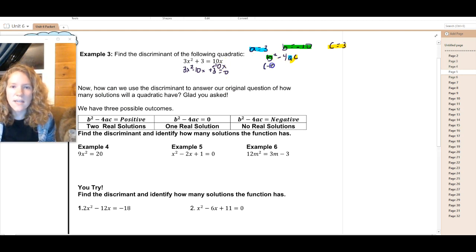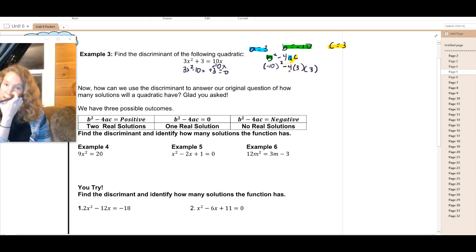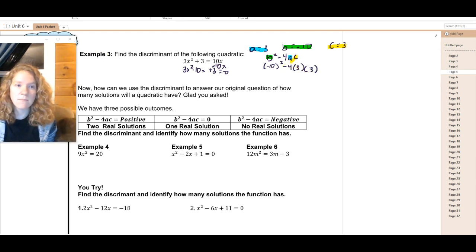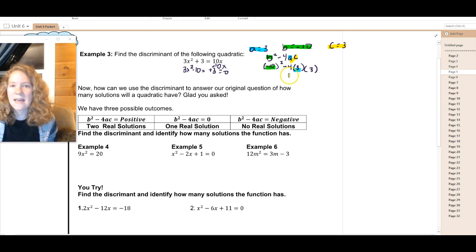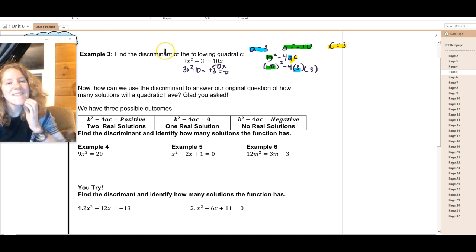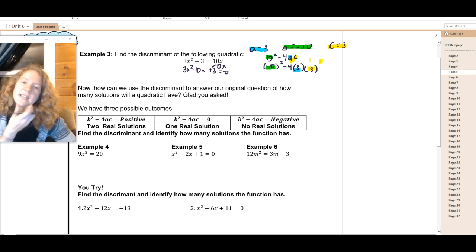I'm going to have negative 10 squared minus 4 times 3 times 3. They won't always be the same, obviously, but in this case, my a and my c are the same. So I put my a here, I put my b there, and I put my c at the end. Oops, I put it in the wrong spot. Sorry. I put that c there.